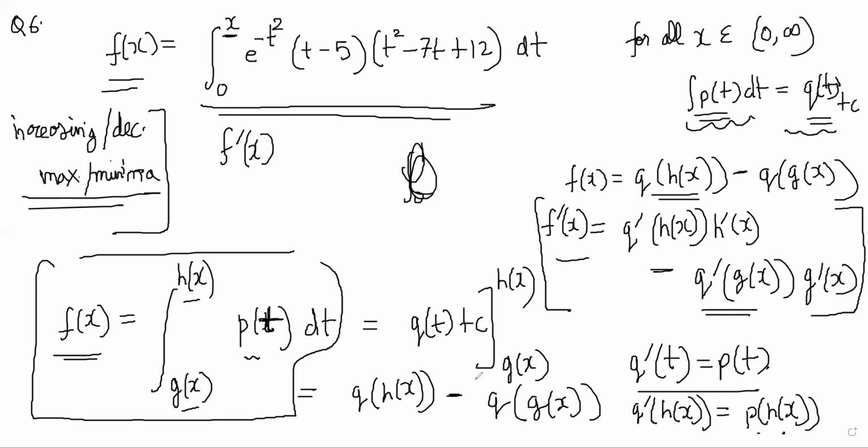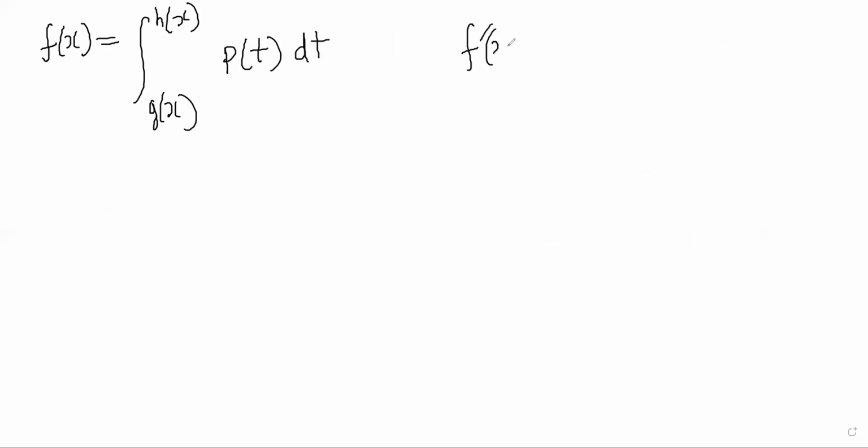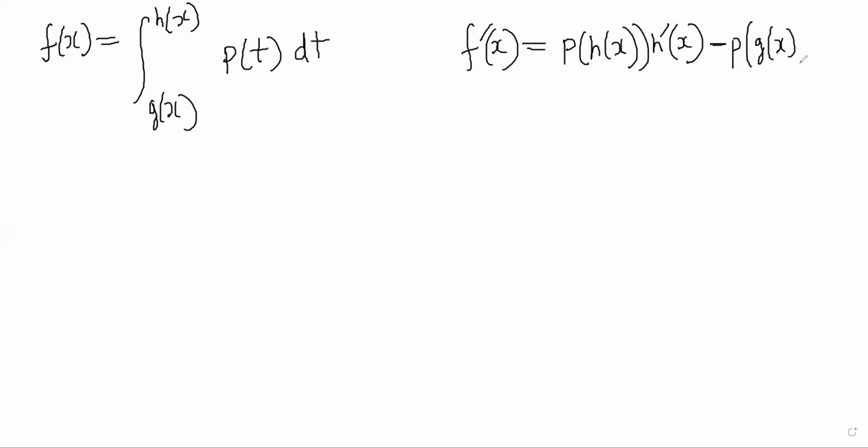So basically, now what I can do is I can say this. If you have an integral where h of x is the upper limit, g of x is the lower limit, and some p of t dt was being done, and I have to differentiate this f of x, then f dash x will be p of h of x, h dash x, minus p of g of x, g dash x.